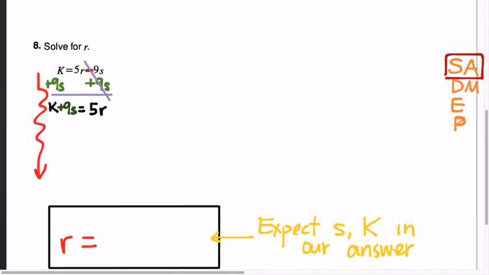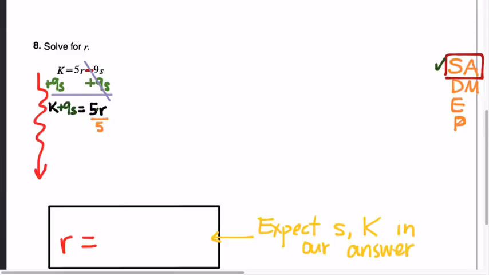And all of our subtraction and addition that we can do is done now. What's the only operation left on the right-hand side of my equation? Say again? Right. The only operation left is the multiplication that's implicit in between the 5 and the r. So if I want to get rid of that, how do I do it? Divide by the 5.